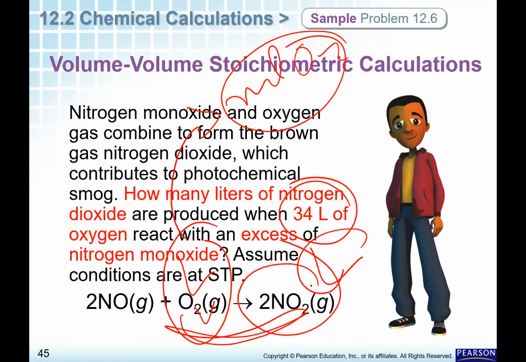Is it 1 to 2 or 2 to 1? Do we multiply by 1 over 2 or by 2 over 1? We multiply by 2 over 1, because what we need is the moles of nitrogen oxide. So it is 2 to 1 and we multiply by 2 over 1.